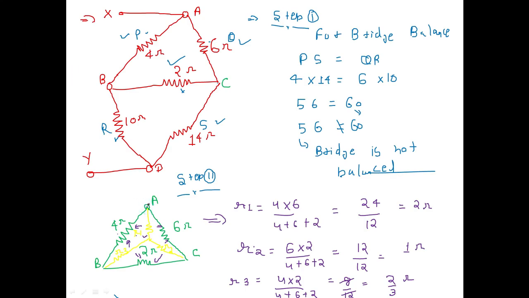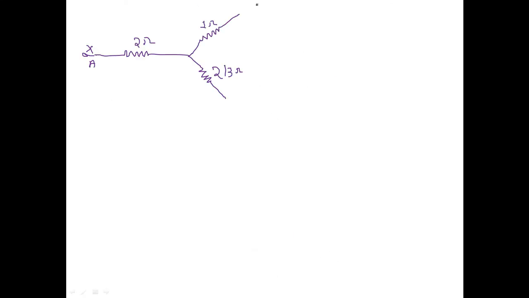This R1 which we have got has the value of 2 ohm, and it is spread out into two components, R2 and R3, having the values of 1 ohm and 2 by 3 ohm. We have drawn it over here with 1 ohm and 2 by 3 ohm, and we mark the points C and B.